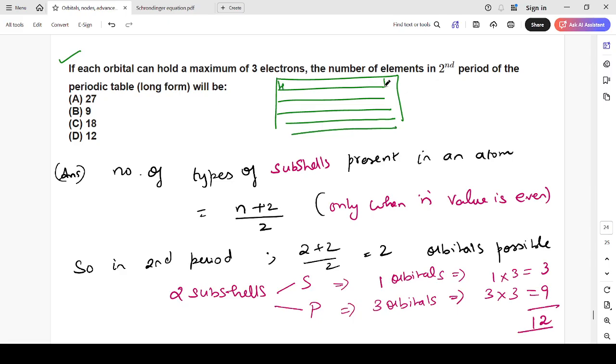I have hydrogen, I have helium, I have lithium. The horizontal ones are called periods, and the vertical columns are called groups.